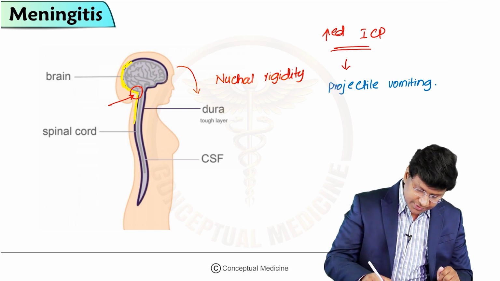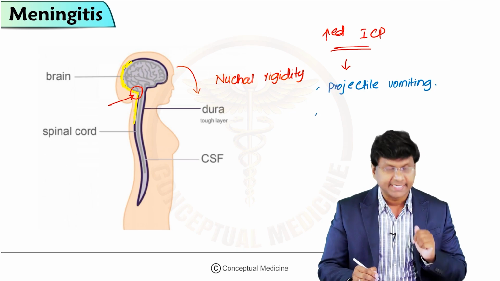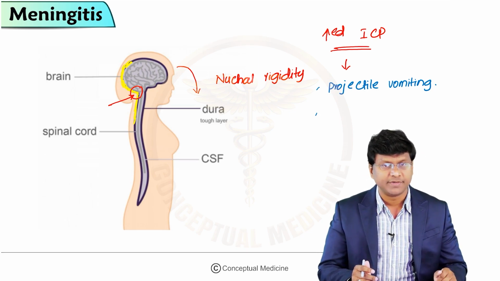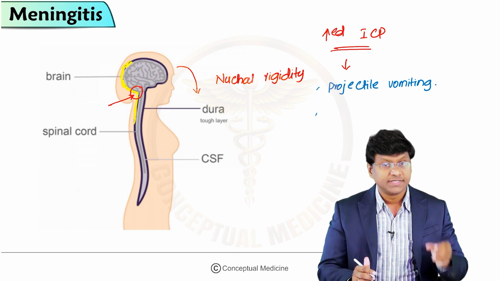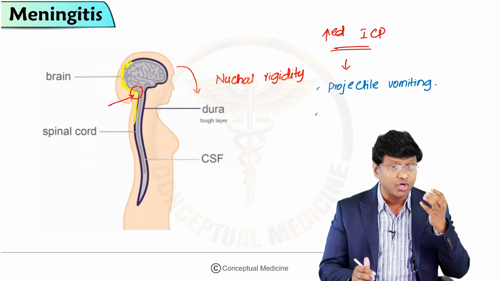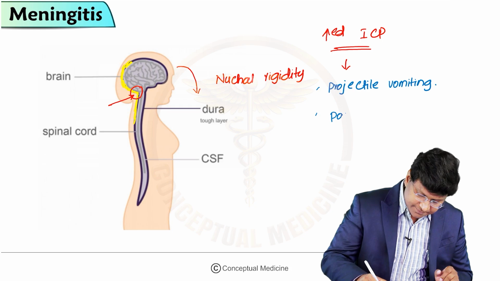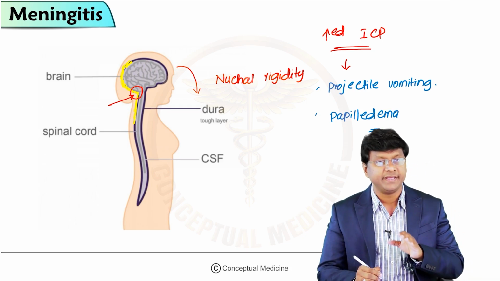Okay, now the next important point that you have to understand is that, one, definitely they have this projectile vomiting, and because of raised intracranial pressure, there is also inflammation of the optic disc. And because of the inflammation of the optic disc, there will also be papilledema, right?